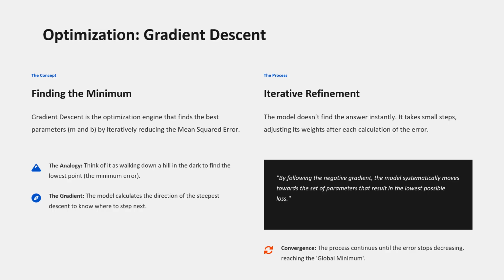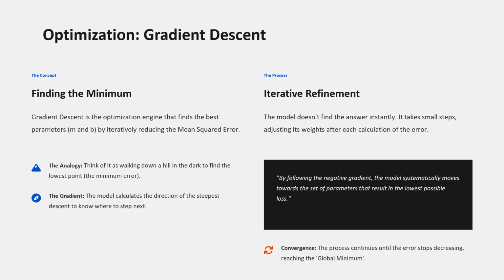It calculates the steepest path down the error curve, taking small iterative steps, and this process keeps going, refining our m and b values until we hit the sweet spot, the exact value of lowest MSE. It's how our model learns to tune itself as well.